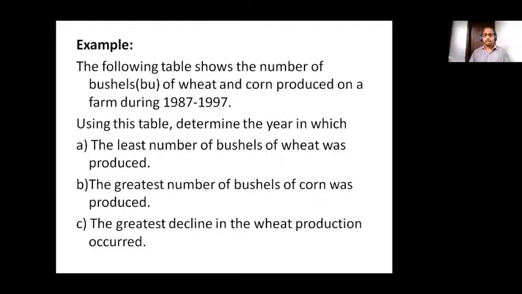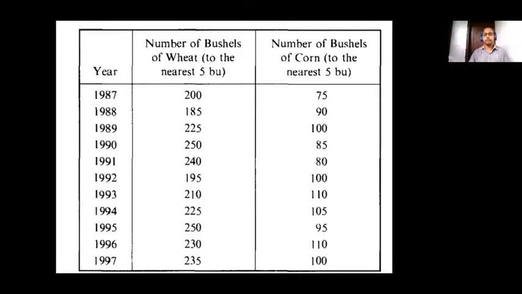Example: consider the following table. From the year 1987 to 1997, the number of bushels of wheat produced in a field is given in the first column, and the number of bushels of corn is given in the second column.